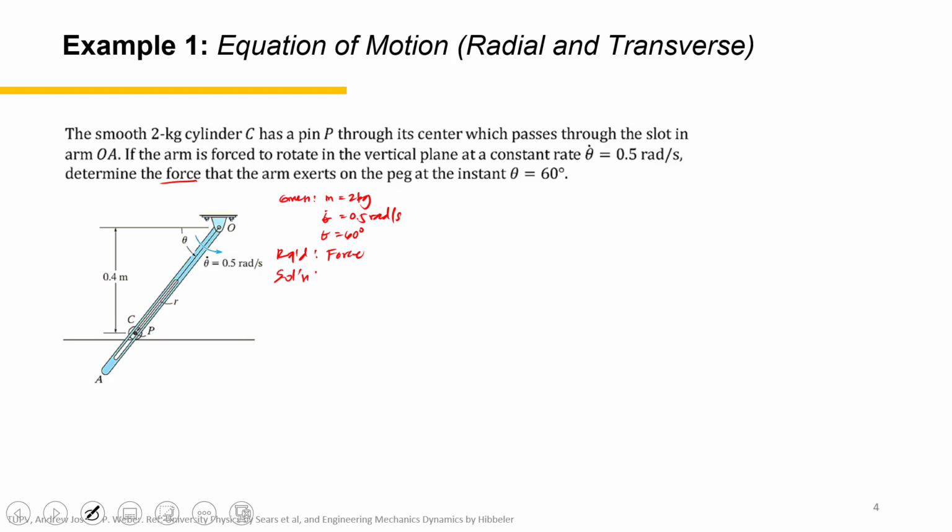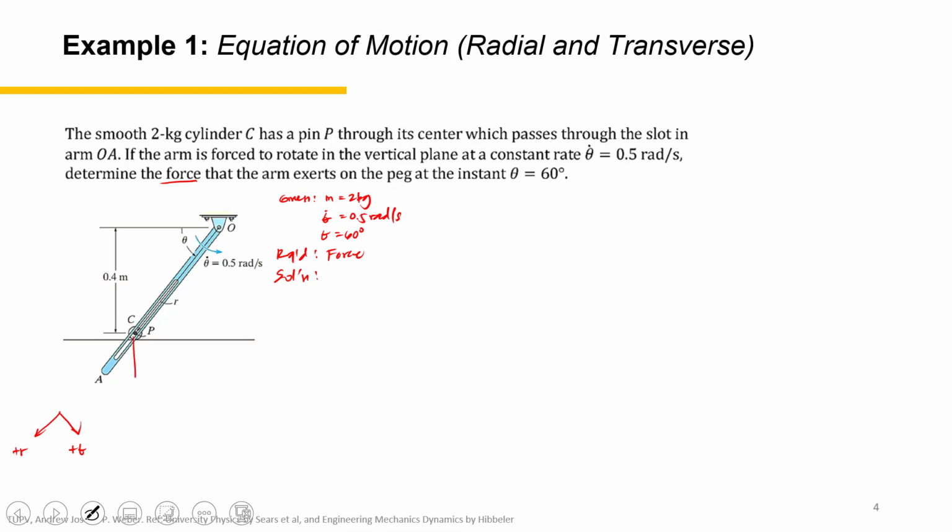So as part of the solution, let's draw the free body diagram. First things first, let's establish the axes for radial and transverse. This is the positive transverse, and this is the positive radial direction.